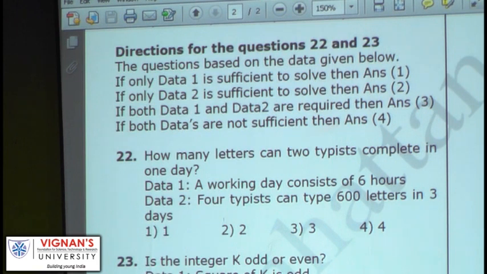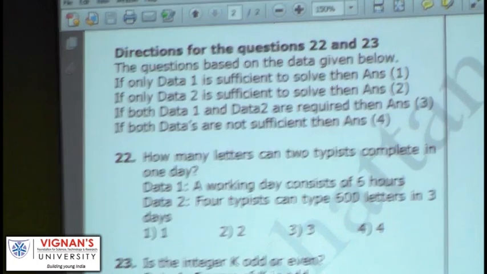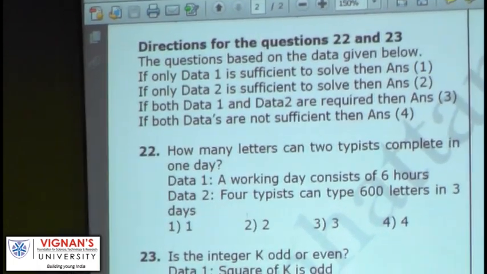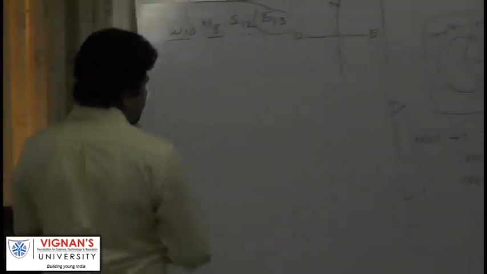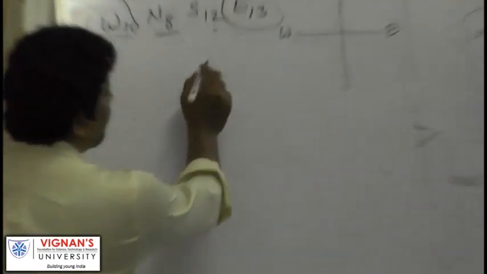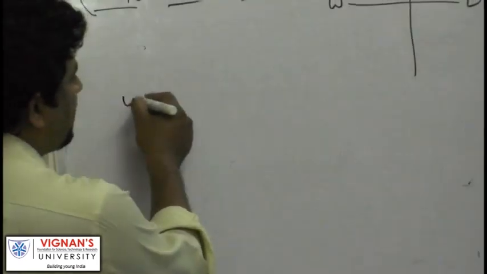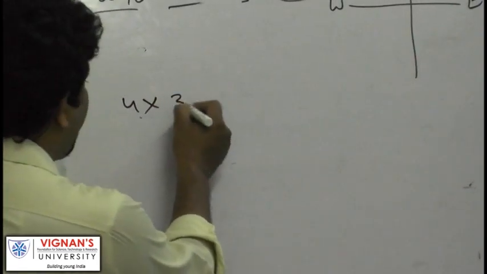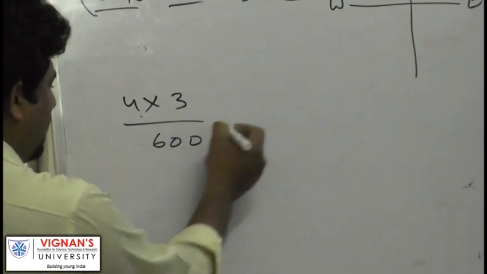Do we require data 1 or data 2 alone can answer? Data 2 alone can answer. How? M1 D1 by P1 equals M2 D2 by P2. M1 D1 equals M2 D2, if P1 and P2 are part of the work done. Four typists can type in 3 days, how many letters? 600.